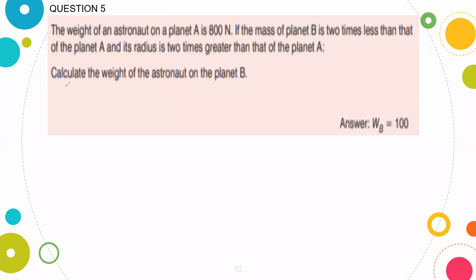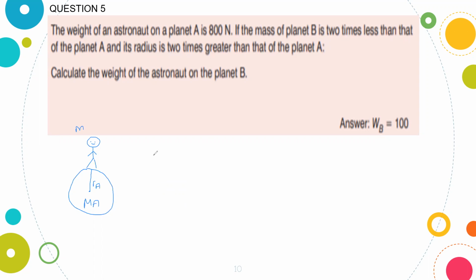Let's write what we know. Okay, let's draw one more time. Planet A, planet B. If you don't remember question 3, our friend is coming back. Now he's happy. So planet A is here. What we know, let's say RA for this one, and then MA for planet A. After that, the mass of the guy, let's say M. And we are going to planet B, whose mass is 2 times less than planet A, but whose radius is 2 times bigger.